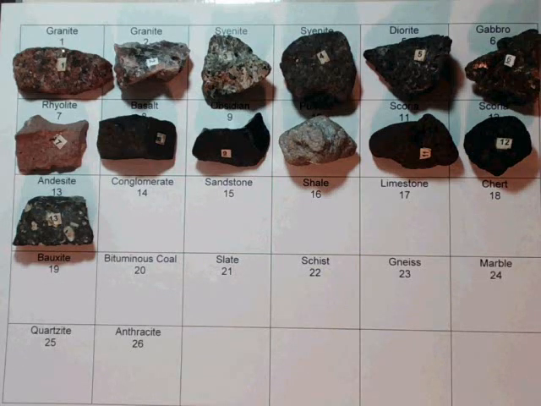So that is the synopsis of our igneous rocks. 1 through 13 are our igneous type rock. So the type would be igneous rock, and then the variety of textures that go along with our igneous rocks.